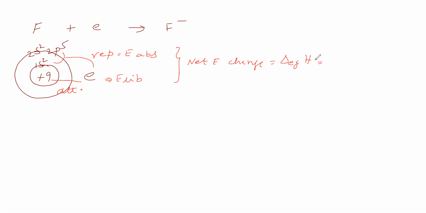The electron gain enthalpy of fluorine is minus 333 kilojoule per mole. The minus indicates that this process is exothermic, which means liberation of energy is the dominant factor.